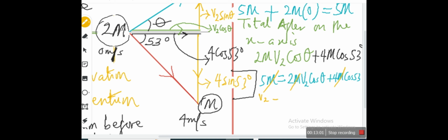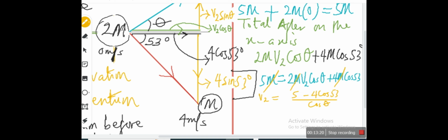v2 is what? 5 minus 4 cos 53 divided by cos theta. I hope you guys see what I mean.